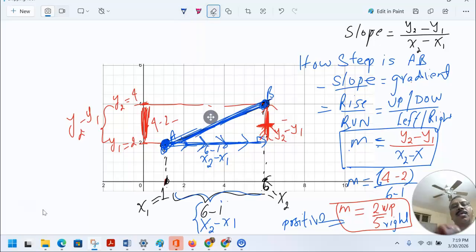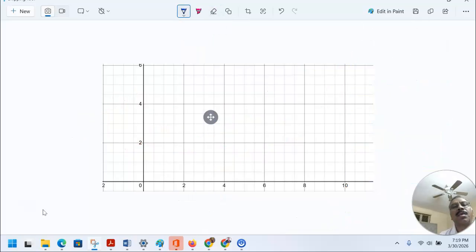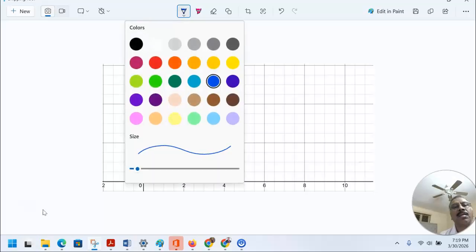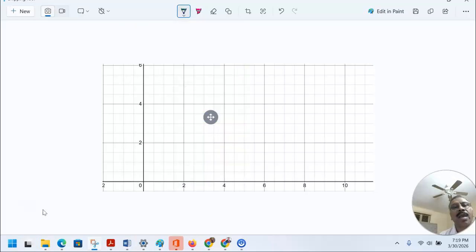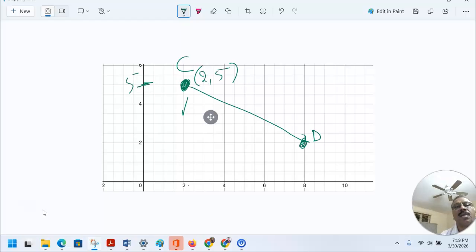Now you could also have a line going downward. So you could have a point like this point C, and another point maybe here, and I join them to D. You can create a triangle.